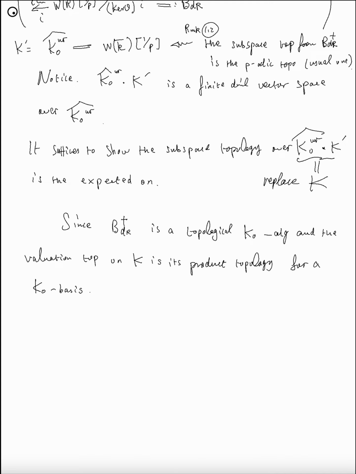So we have K0, K, Q_p; this is maximally ramified, this is totally ramified.